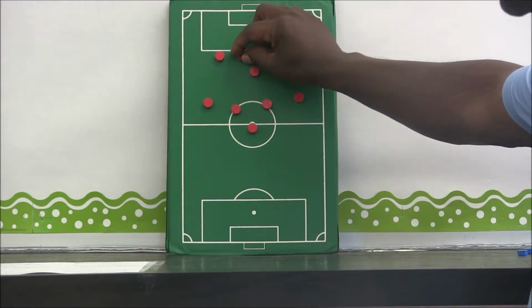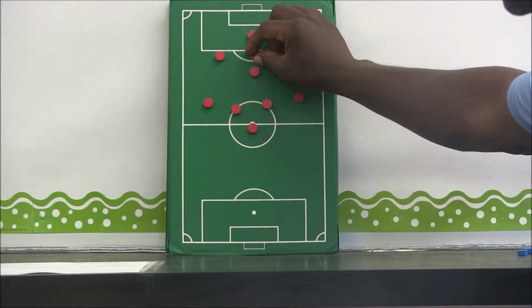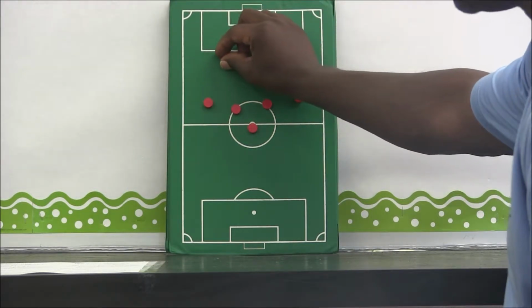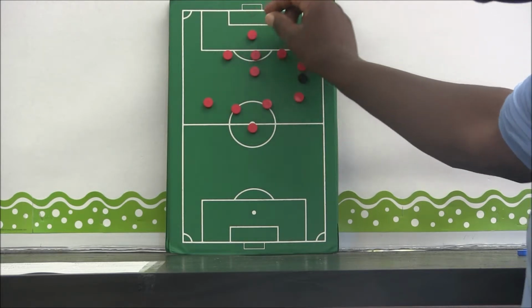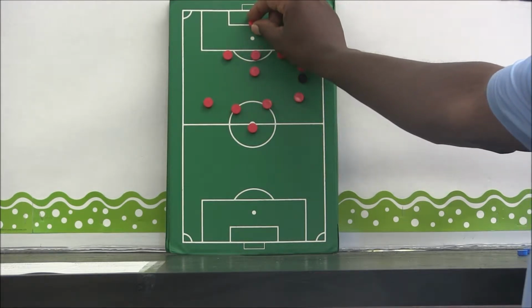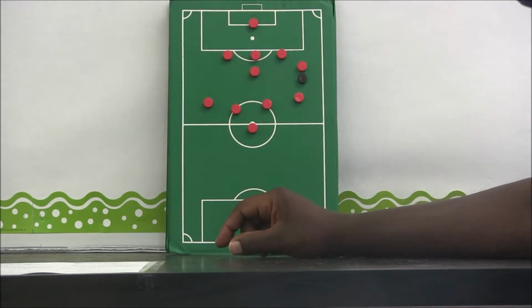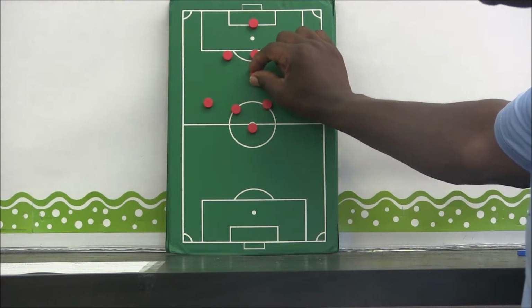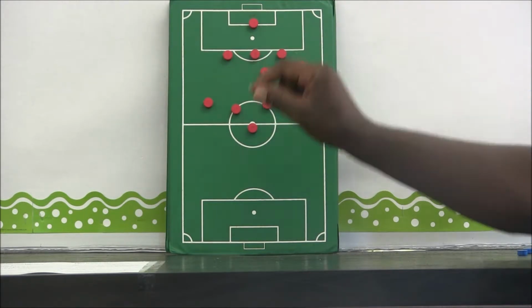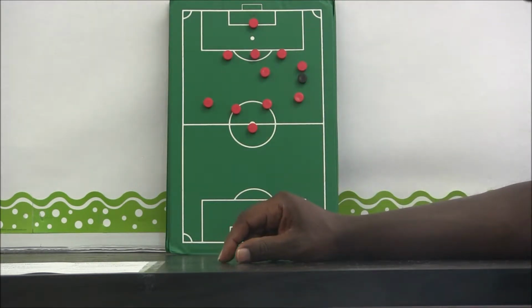The other center back will slide over as well to provide that balance. And then the outside back on the opposite side will also slide to provide that balance, as well as with our keeper being here. Our holding mid in this area is also still going to stay very central within our defense, so that we prevent any balls from being played as a square ball into the middle that would threaten our two center backs.